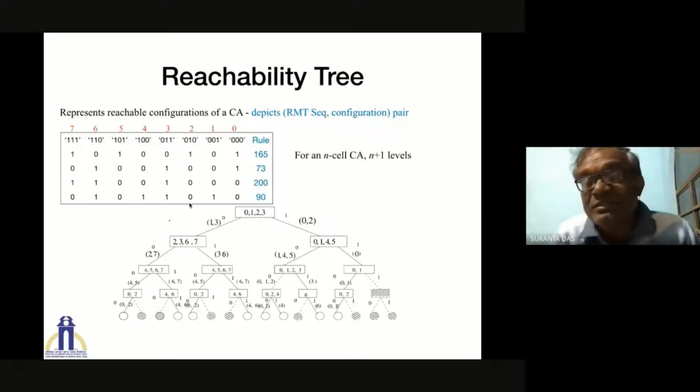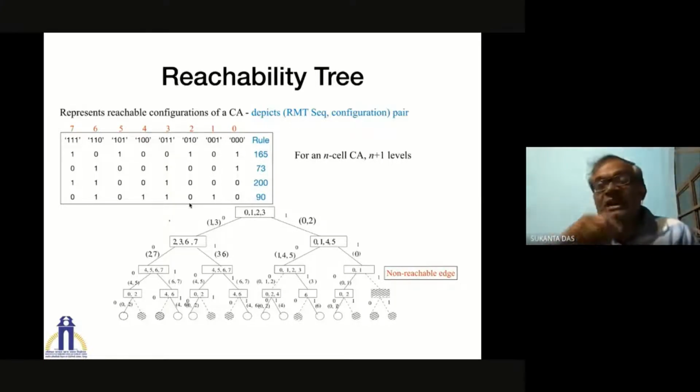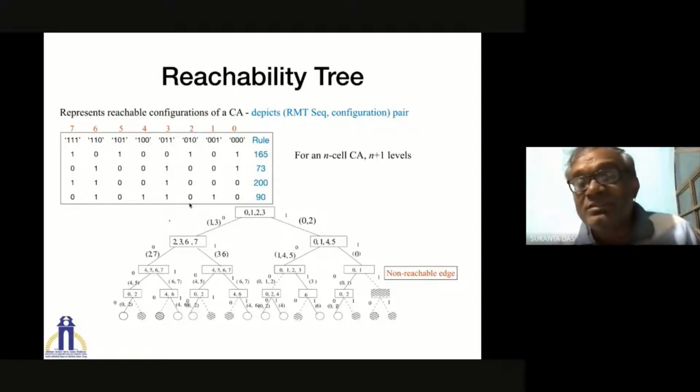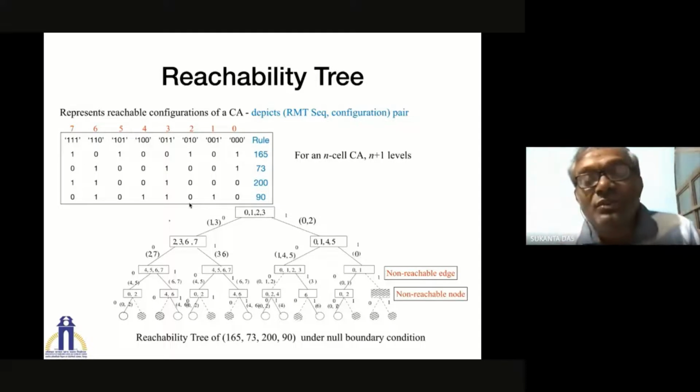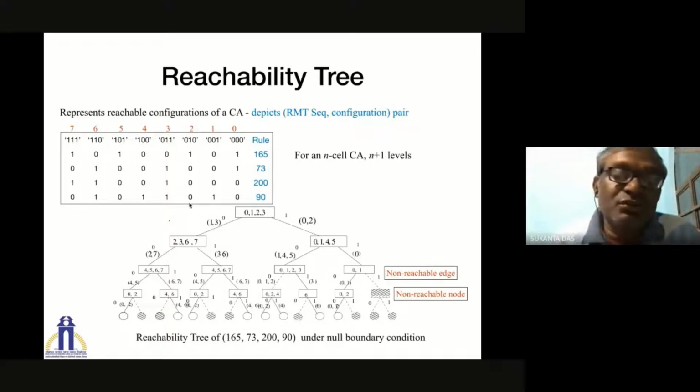Here you can see a non-reachable edge, shown with a dotted line. The tree is supposed to have this edge, but due to the rule, there is no edge. So it's called a non-reachable edge. A non-reachable edge is supposed to have some nodes which do not exist, so they are called non-reachable nodes. So this is actually a tree of this CA, 165, 73, 290.